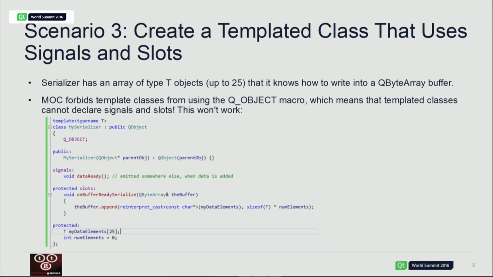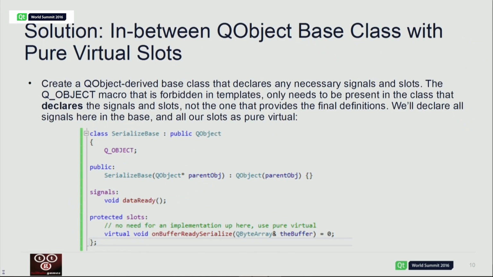So how are we going to get around this? When you're creating a template class, if you have the luxury of your design allowing it, you can make an in-between QObject base class that will have pure virtual slots. Just like we had a pure virtual signal in the last example, we can do the same thing with slots.